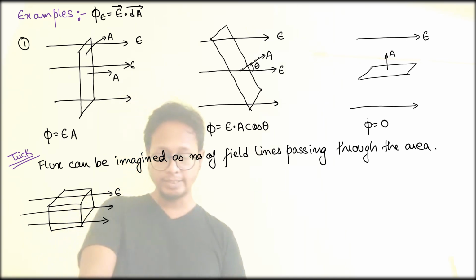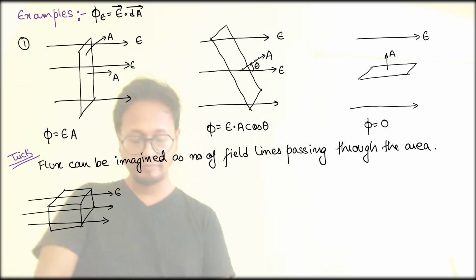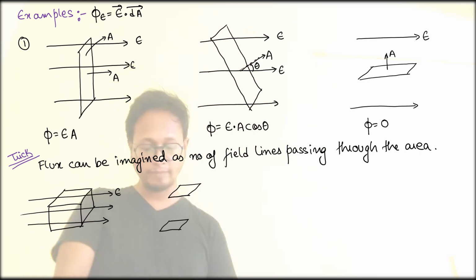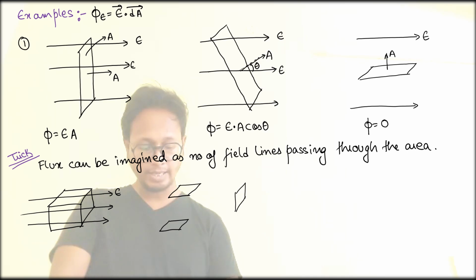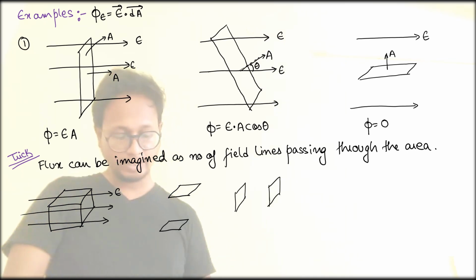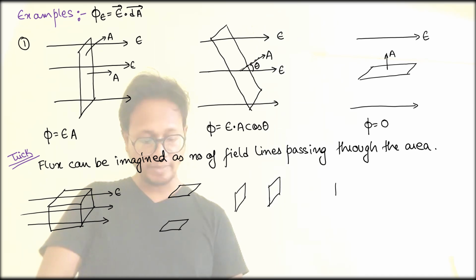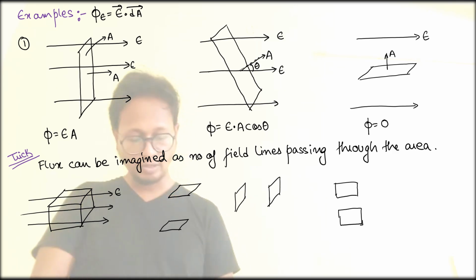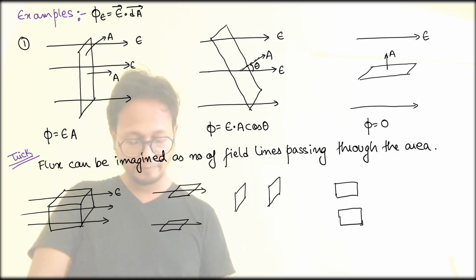See, this cube will have six surfaces, top surface and bottom surface. This is surface one. This side surface or left surface and right surface, isn't it? And the third one is back surface and front surface. Understood? All will have electric field.